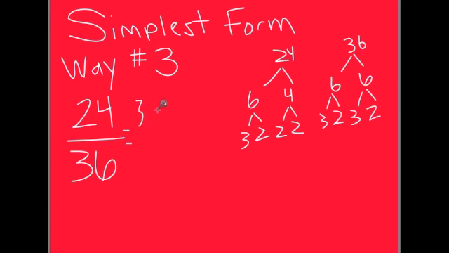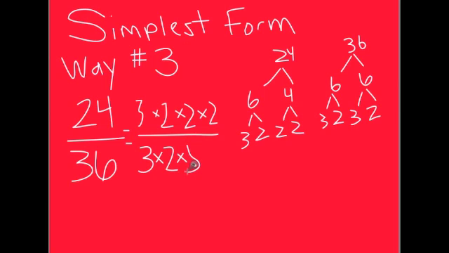Then all I'm going to do is cross off the ones that are the same in the numerator and in the denominator. As I look at this, I see that both the numerator and the denominator have a 3. So I'm going to cross off the 3's.